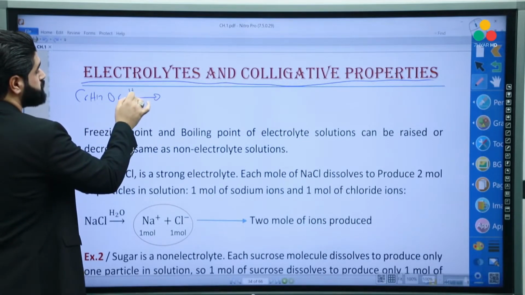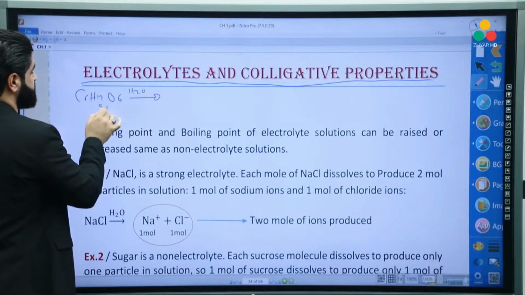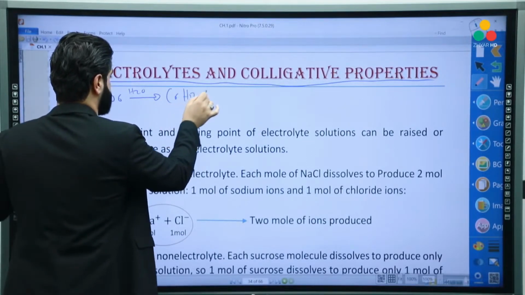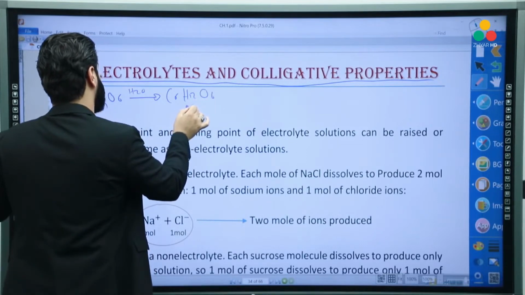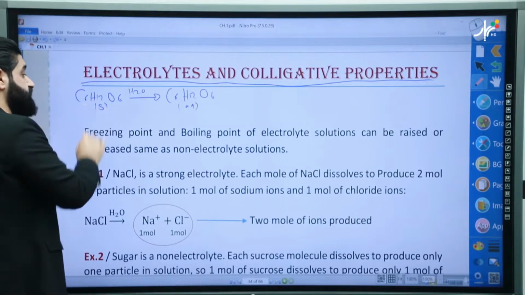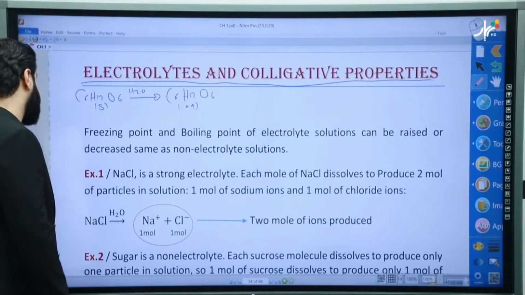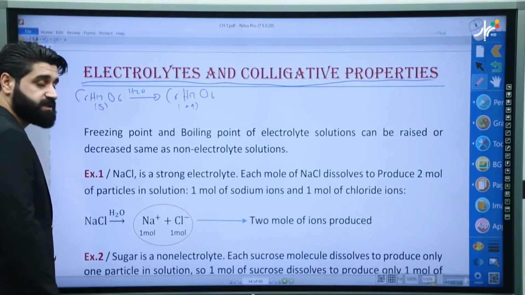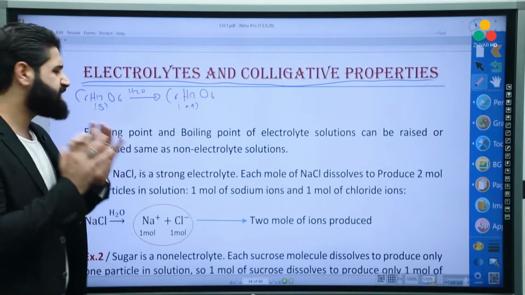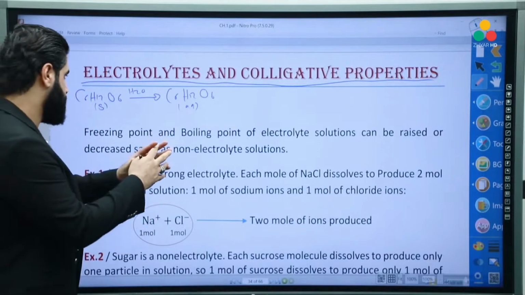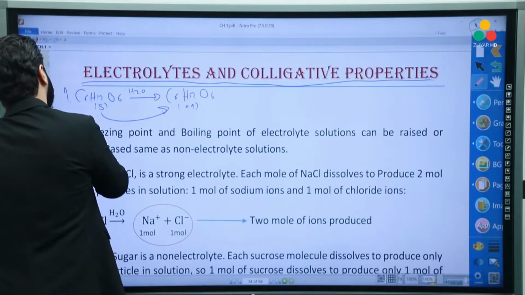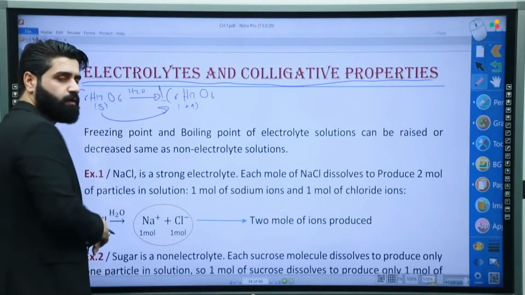It's solid, so there will be only dissolution, aqueous. Nothing will be changed because of the strong attraction force between the sugar atoms, which are carbon, hydrogen, and oxygen. Water cannot overcome this attraction force, so they stay as a molecule together. That's why they just dissolve. So dissolving 1 mole results in 1 mole.